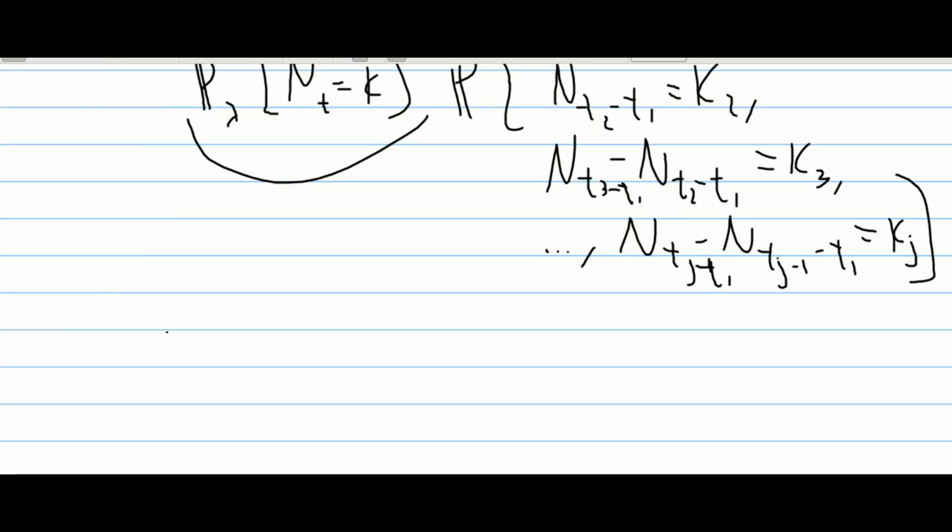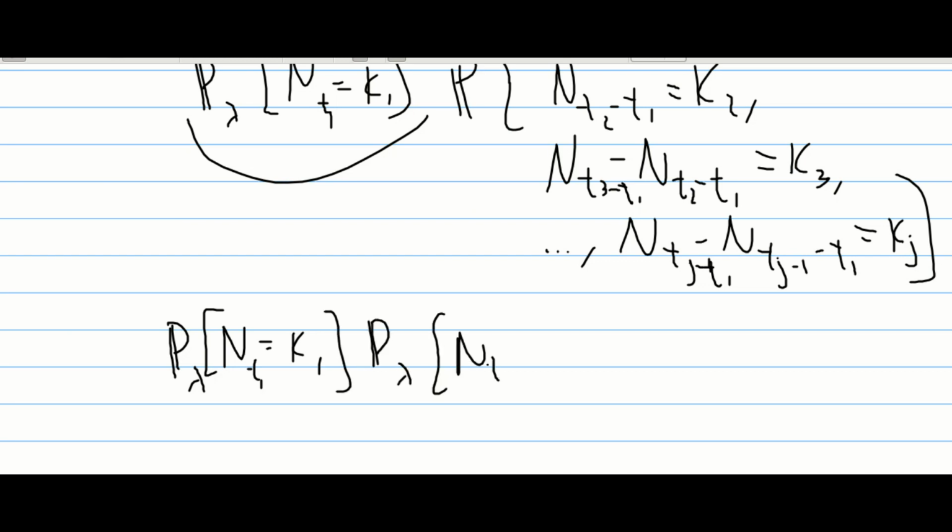So now we continue this and we keep this first guy we already popped. And here we have N(t2) minus N(t1) equals k2. And now we have all the rest joined together.